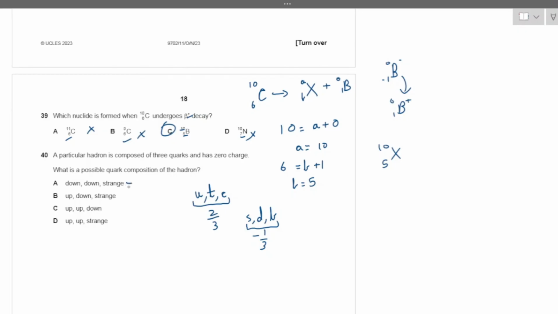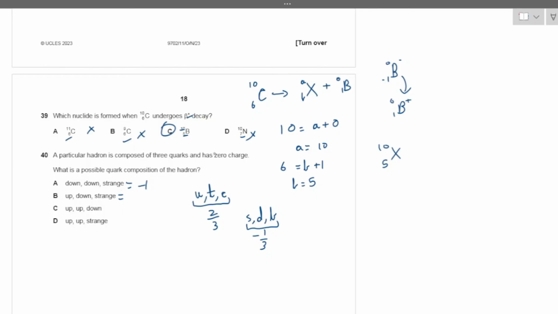So let's see the first one: down, down, strange. That would mean minus 1 by 3, minus 1 by 3, plus strange, which is also minus 1 by 3. So you would get minus 1. Now let's look at option B, up, down, strange.